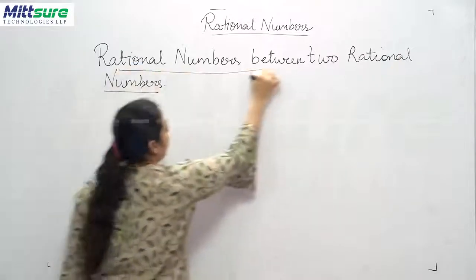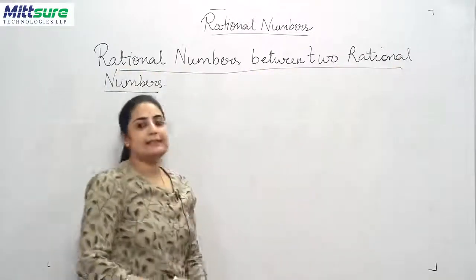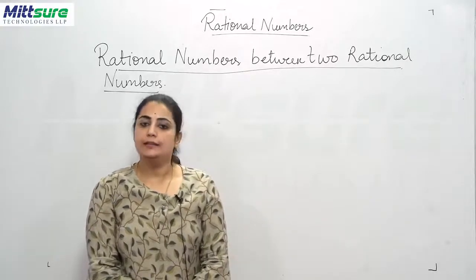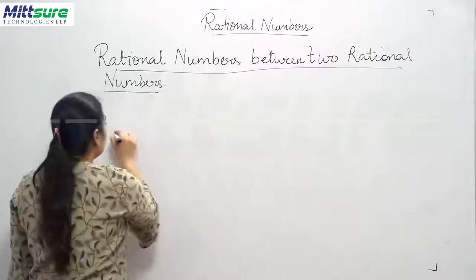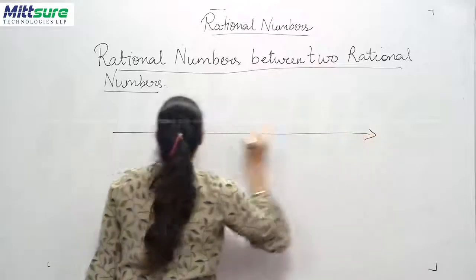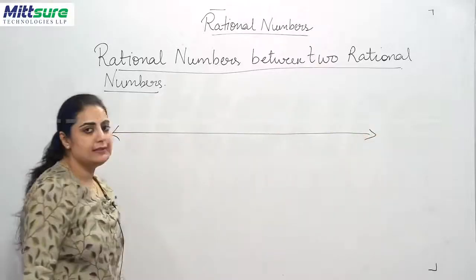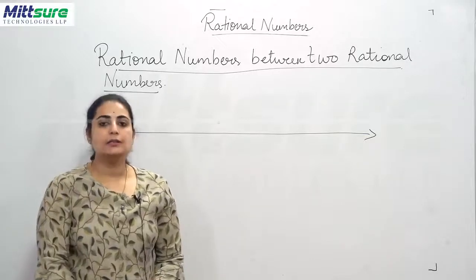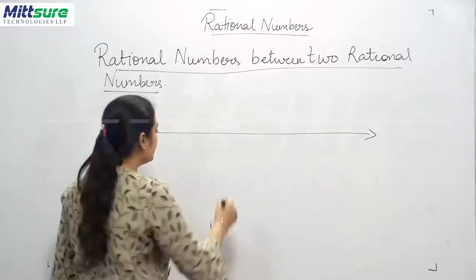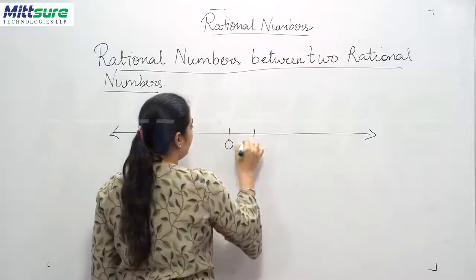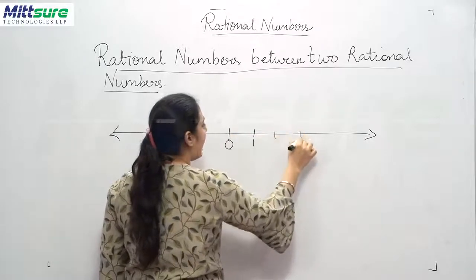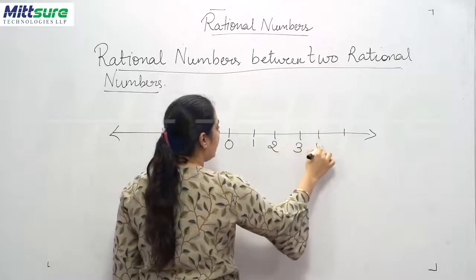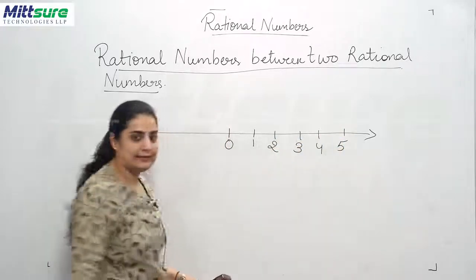To begin with the topic, first of all, let us understand how the integers are placed on the number line. As we all know, integers comprise all the positive and negative numbers along with 0. So 0 is placed in the center, then positive numbers are towards the right side: 1, 2, 3, 4, 5 like this.